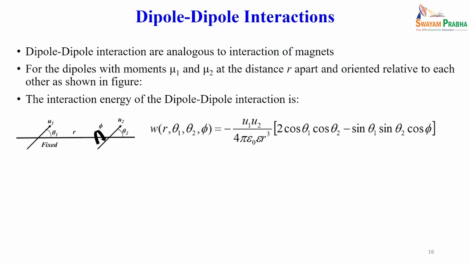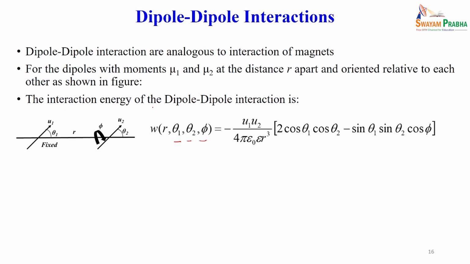Now, we are going to have two dipoles. Two dipoles means both are going to have certain angles. So, it will be a function of R, a function of theta 1, a function of theta 2 and another angle phi. So, it will be a function of the four. Dipole interactions are analogous to the interaction of magnets, and of course they are going to have separate moments mu 1 and mu 2 separated by a distance r.